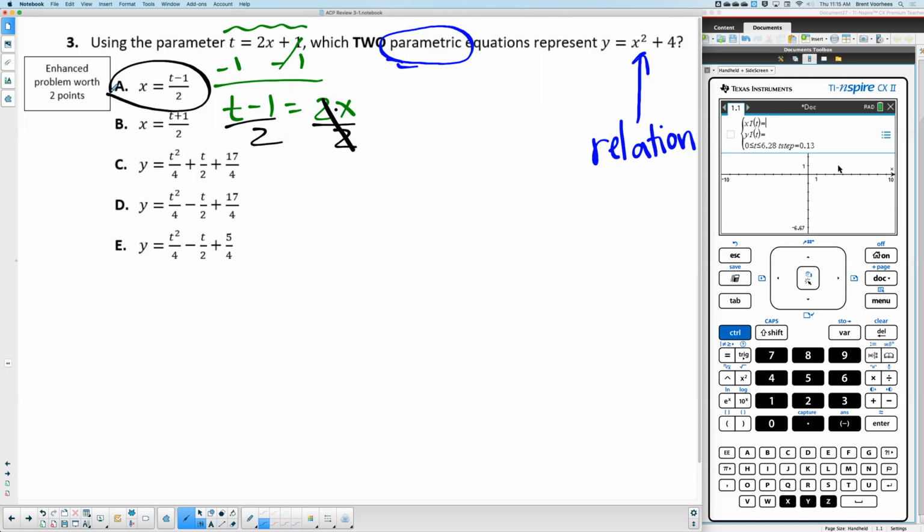So now you could go to parametric, and you could try that graph, and then try C, and if C doesn't work, try D, and if D doesn't work, try E. And you could just graph and check and see which one overlaps the relation. Okay, I'm going to move on. Like I told you, I'm going to try to make up time. So that's how you do this section.